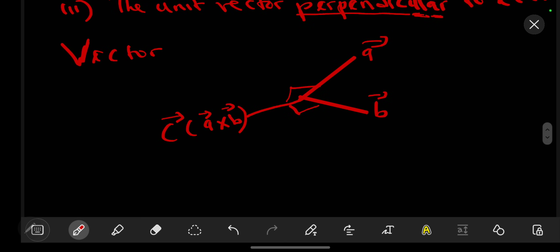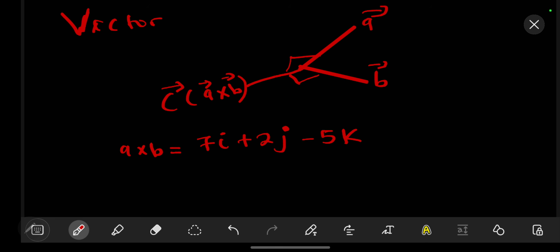So now, the unit vector is defined as follows. We found A cross B to be equal to this.